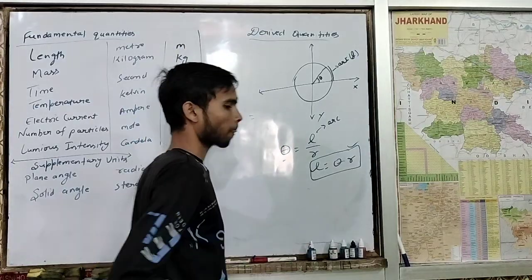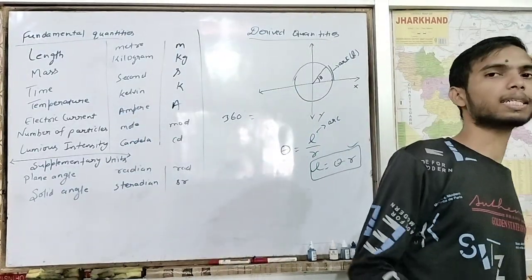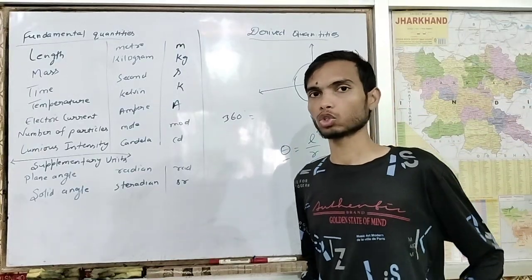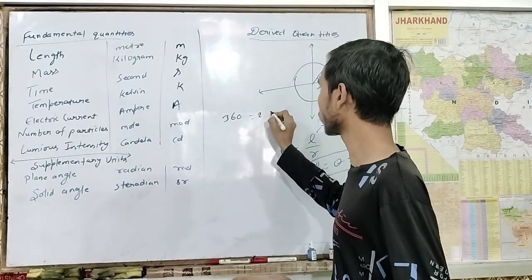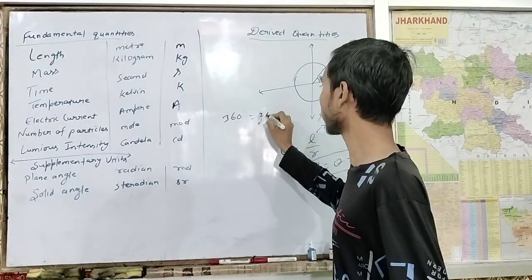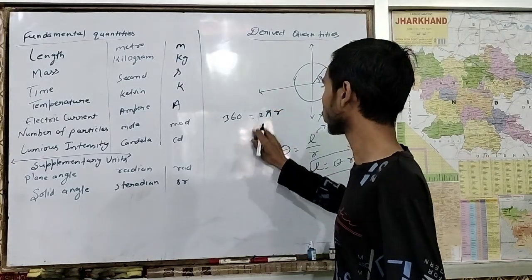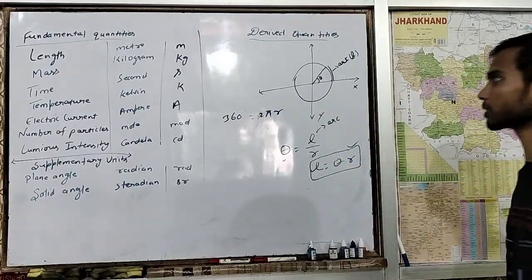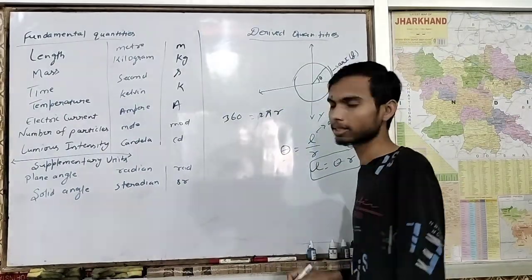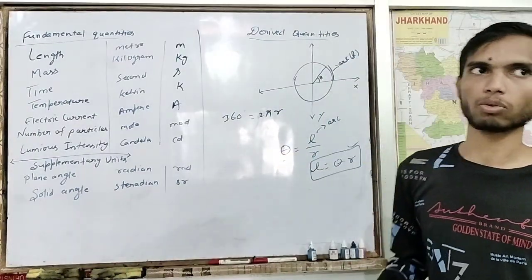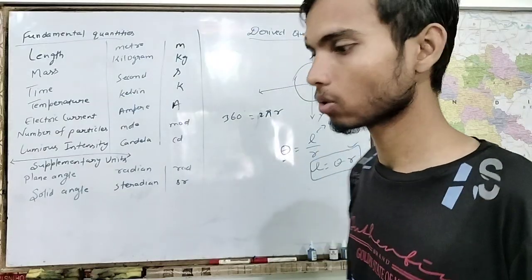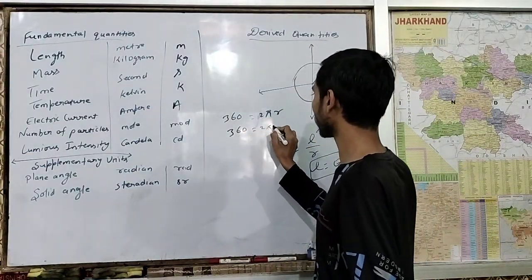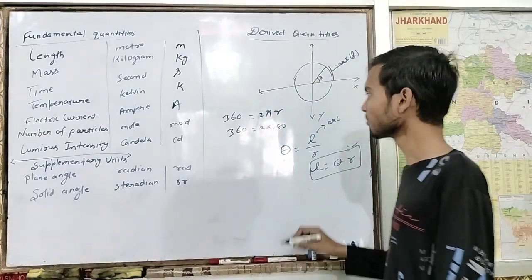So remember, how many radians are equal to 360 degrees? 2 pi radian is equal to 360 degrees, and here 1 pi is equal to 180 degrees. So both are equal.